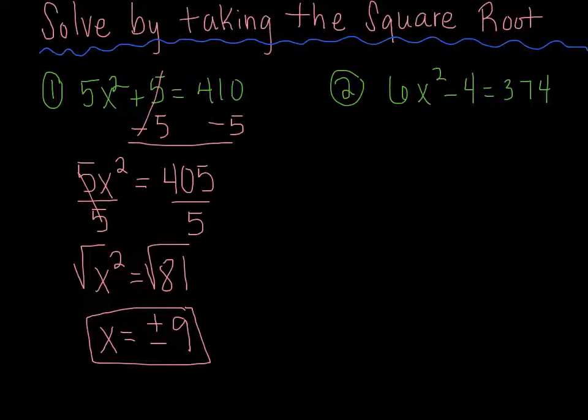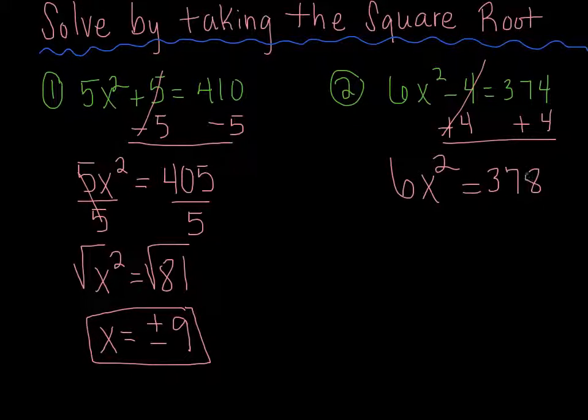Number 2, we're going to add 4 to both sides. 6x squared equals 378. Divide by 6. x squared equals 63.